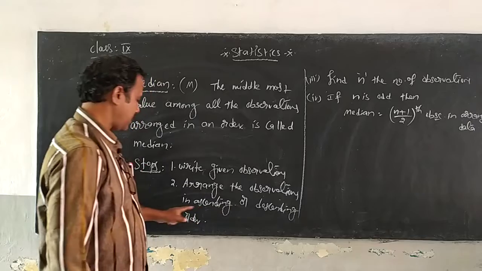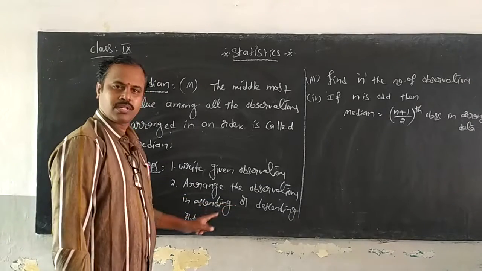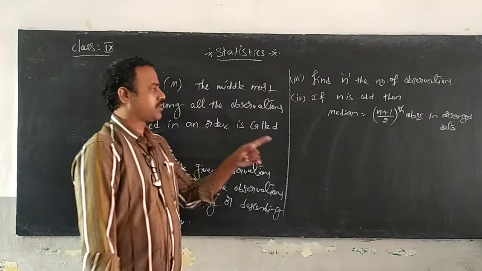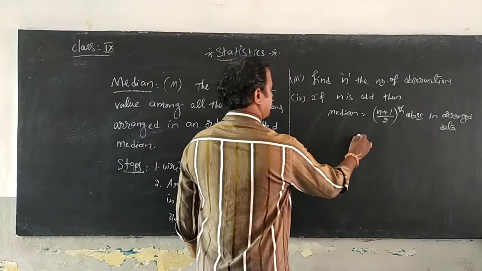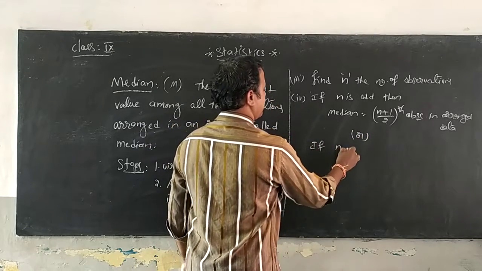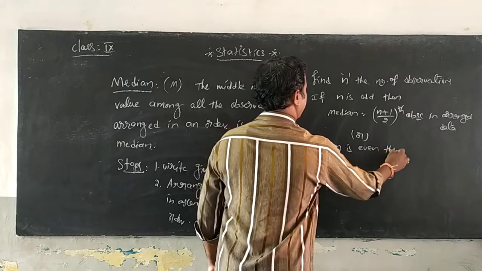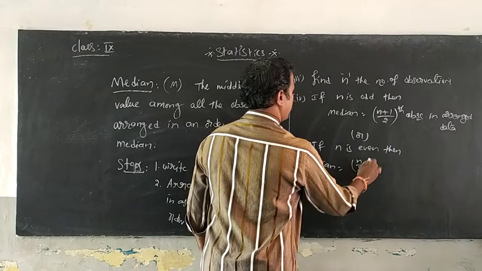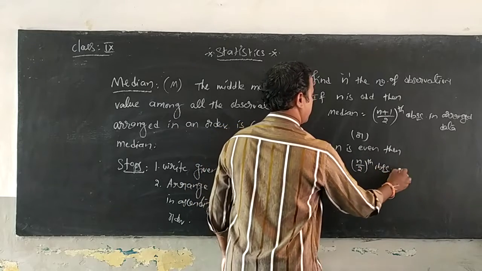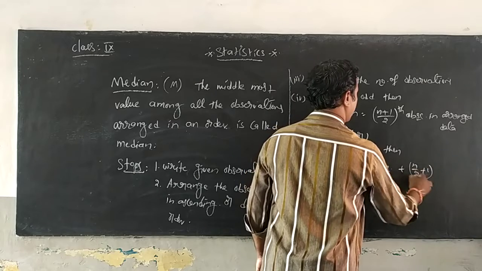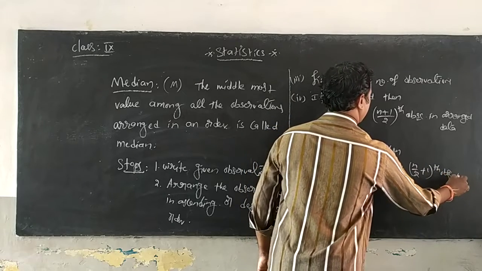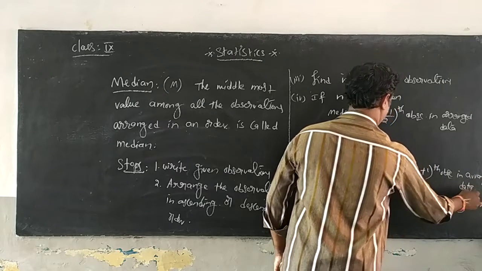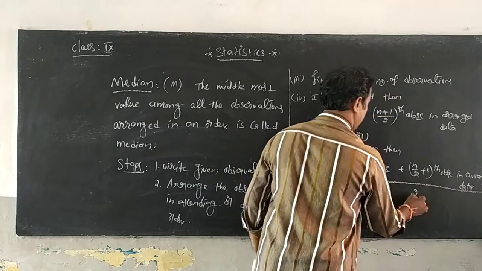That means we are arranging the data in ascending or descending order. In that you have to take the (n plus 1) by 2th observation. Or if n is even, then median is equal to (n by 2th observation plus (n by 2 plus 1)th observation) in arranged data, whole by 2.